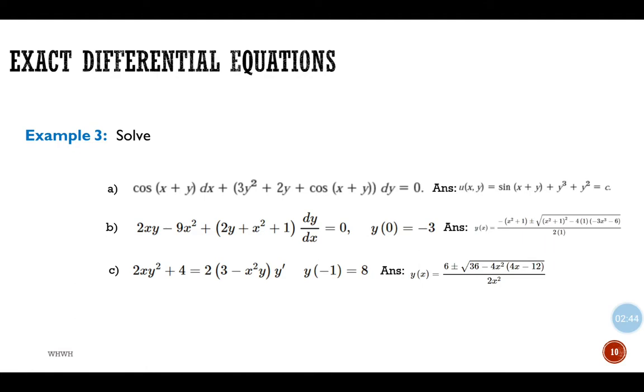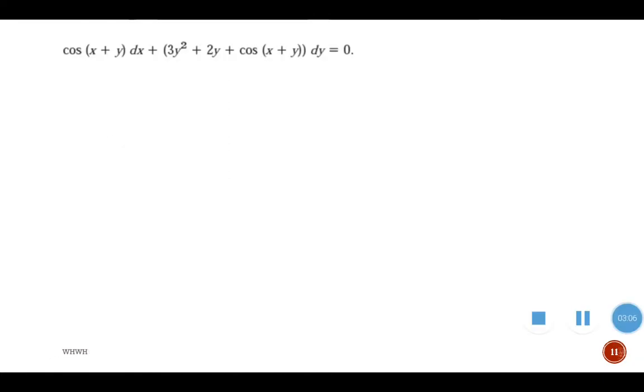Alright, so given to us, kalau you tengok example A ni, kita dah test pun for the exactness before, right? We have tested for its exactness during our Google Meet class. cos(x + y) dx plus (3y^2 + 2y + cos(x + y)) dy equals 0.